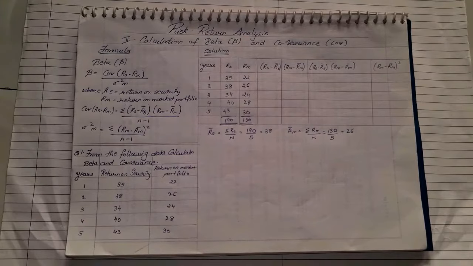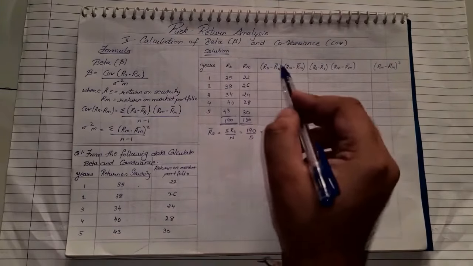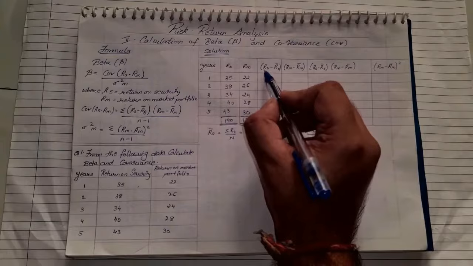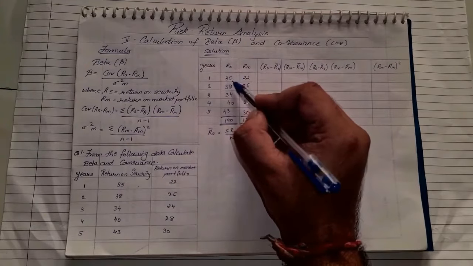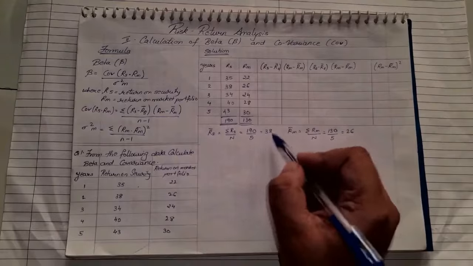Now once we have the averages of return on security and market, we can go to the next column. Our next column is RS, that is return on security. Each return we have to subtract by the average return.